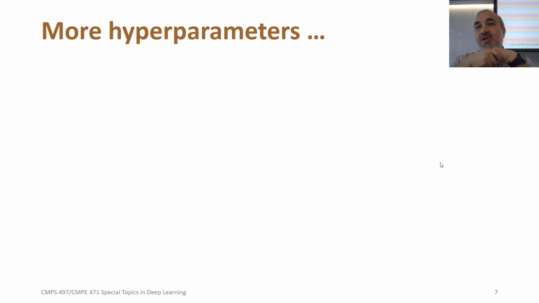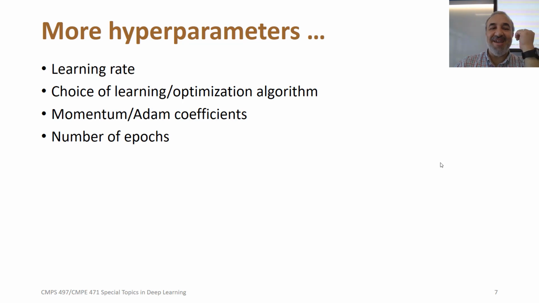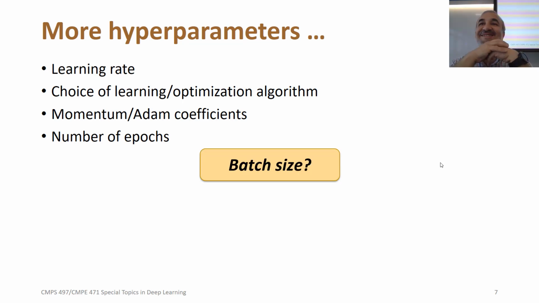Yes, we can change it. Okay, how about the batch size? Is it a hyperparameter? Yeah, because changing the batch size will change, of course, the updates, right? Yeah, so it can be a hyperparameter also, right?